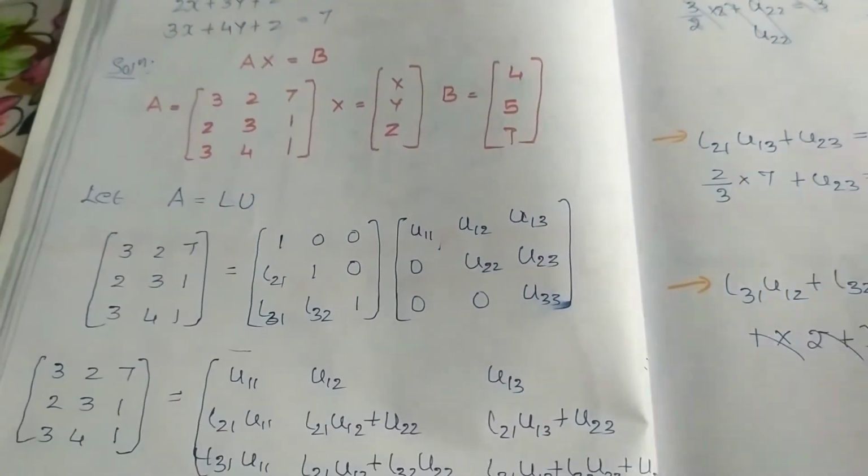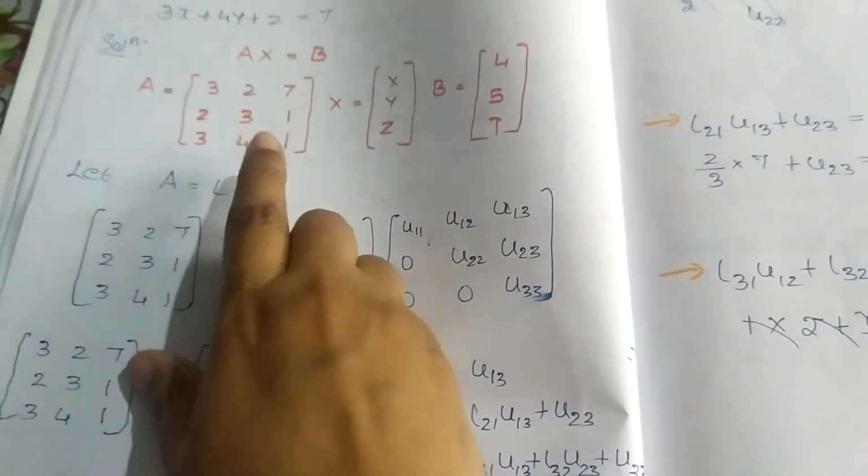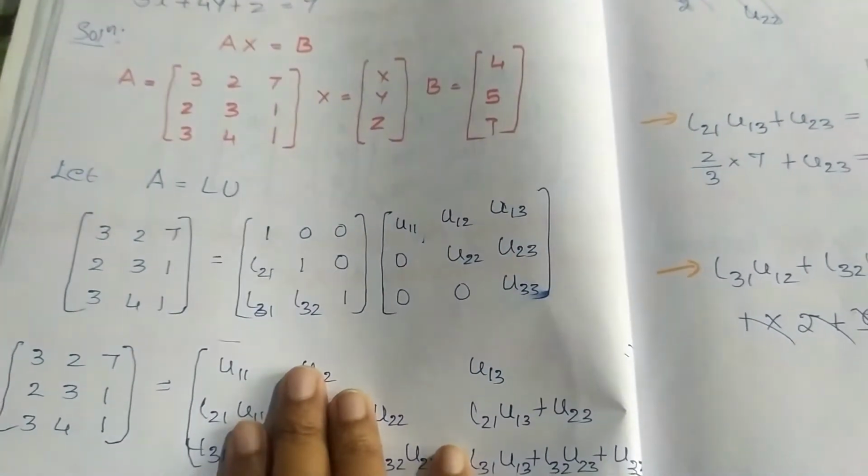Now let us consider A = LU, that is the square matrix is equal to the product of lower and upper triangular matrices.